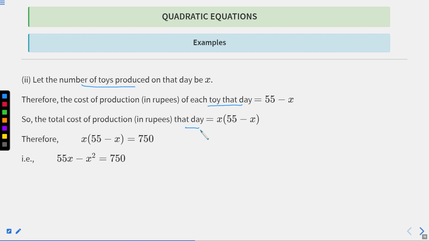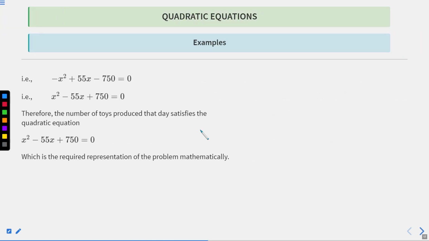Now simplifying by taking the product of x times (55 minus x), we get 55x minus x square, which is equal to 750. If we write this equation in descending order, we get minus x square plus 55x minus 750 is equal to 0.